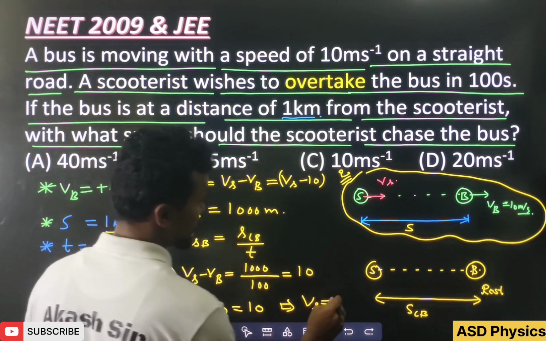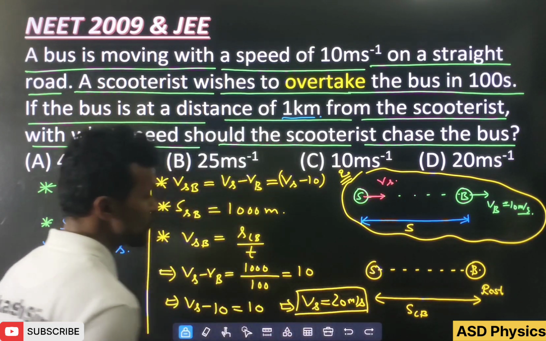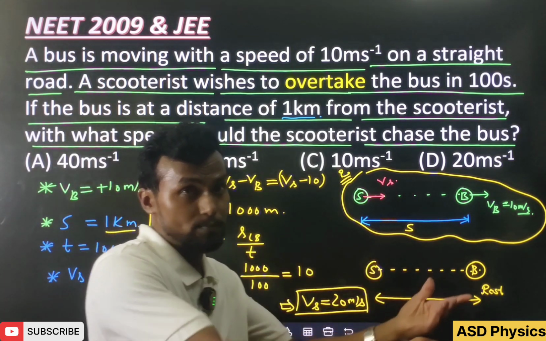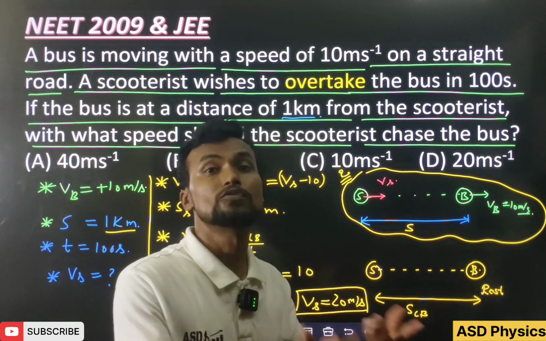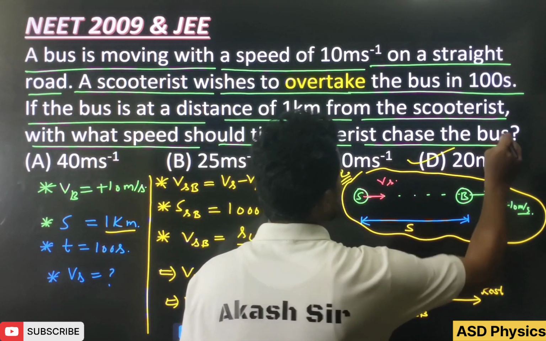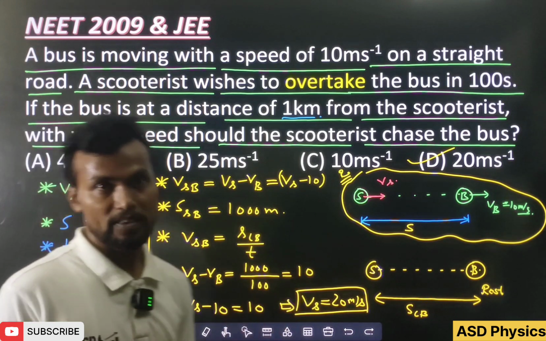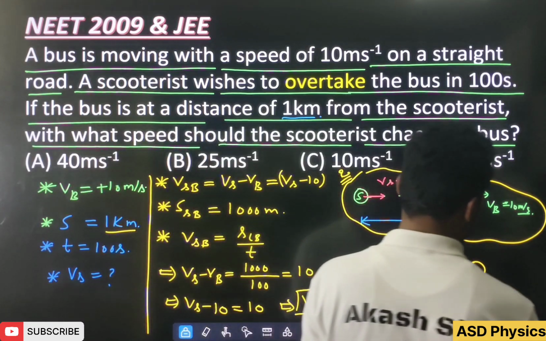This 10 will go to the other side, so it becomes 20 meter per second. That means the scooter should move with a constant speed, or if the direction is not changing, uniform velocity of 20 meter per second. Option D. So if a scooter wants to chase the bus, the speed will be more than 10, and it is coming to 20. Very correct.